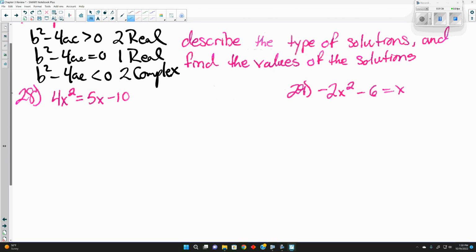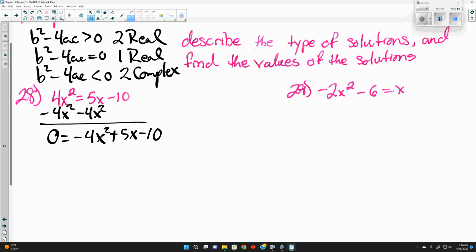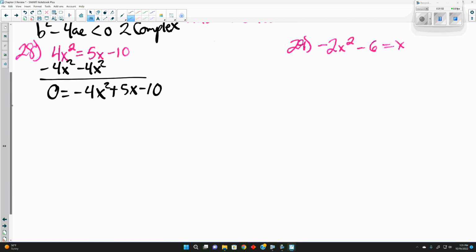Now, we can look at 28, and to do this, we need this equal to 0. So for this here, we can subtract 4x squared from both sides, telling us 0 is equal to negative 4x squared plus 5x minus 10.